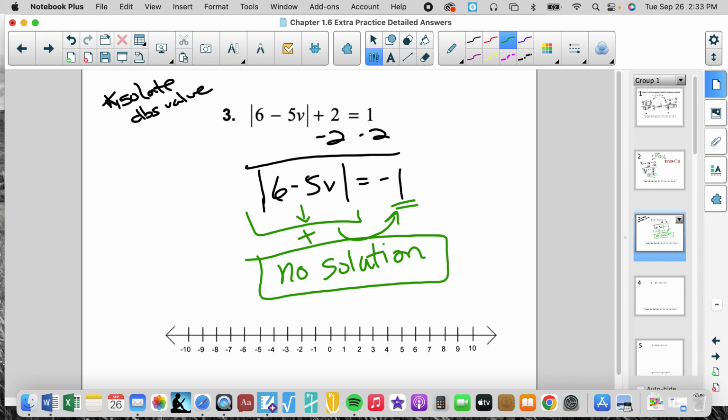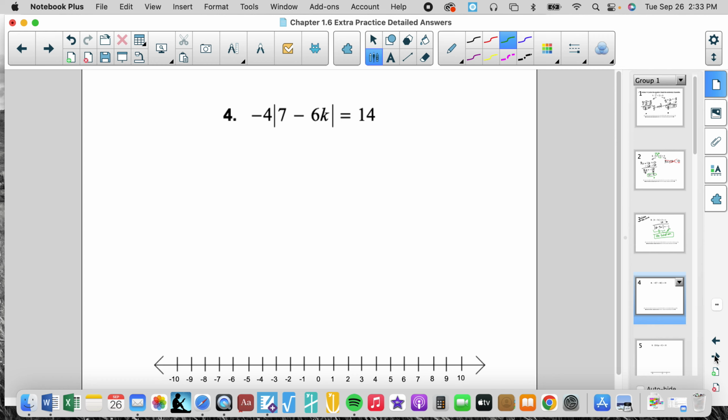The thing that we need to remember is isolating the absolute value first. So we're going to isolate the absolute value because it's being multiplied by 4. We cannot distribute the negative 4 into absolute values. That is not possible.